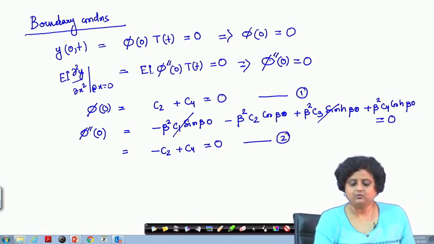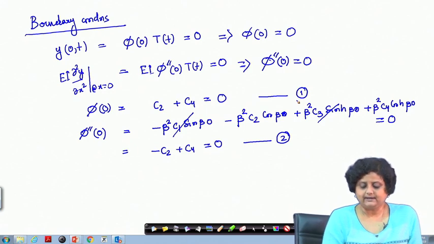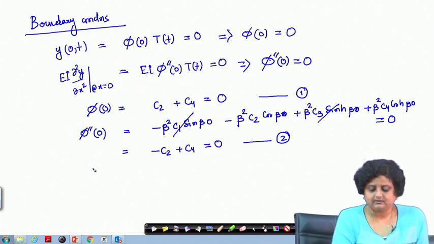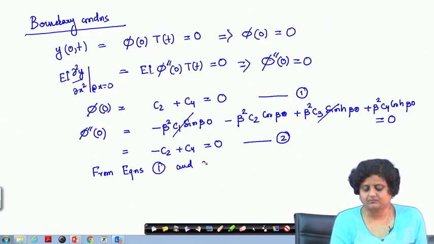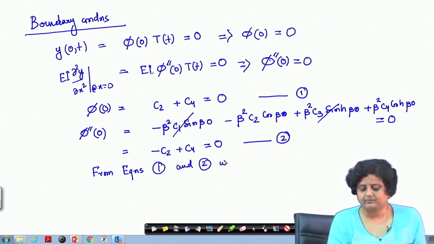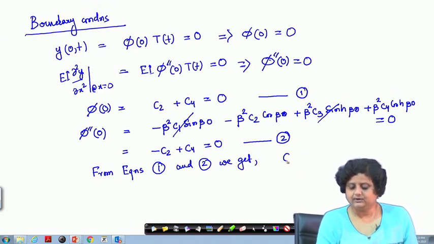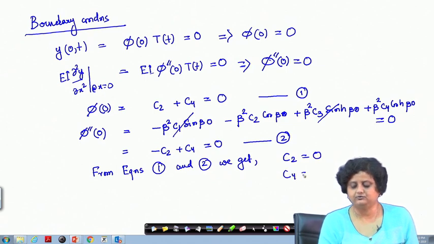Now, from equation 1 and 2, we can get that C2 equals to 0 and C4 equals to 0.